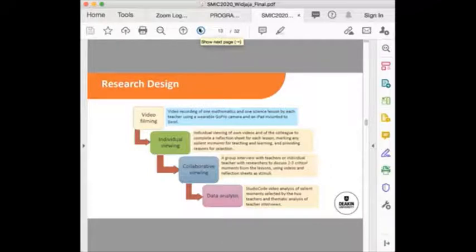In terms of the video viewing, we have two different levels. So first we got teachers to actually view their own lesson individually and view their peers' lesson individually, and then record those salient moments that they identify and identify the time as well and why they selected those moments as salient or important.